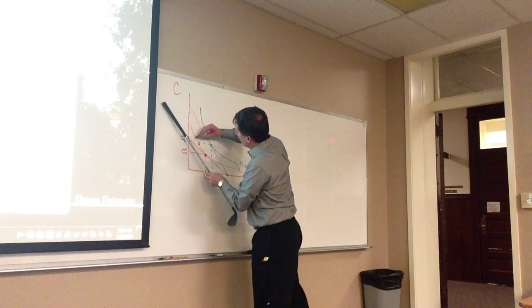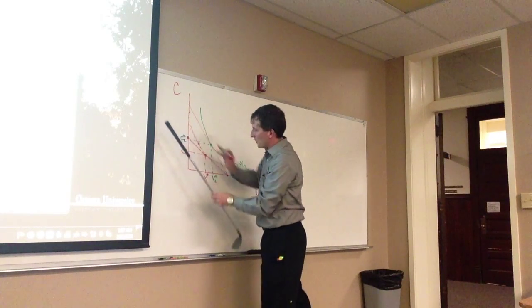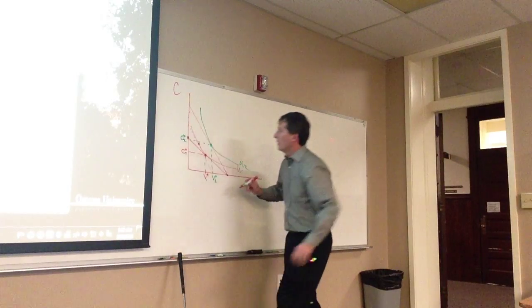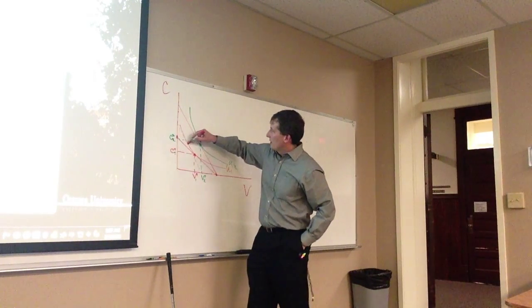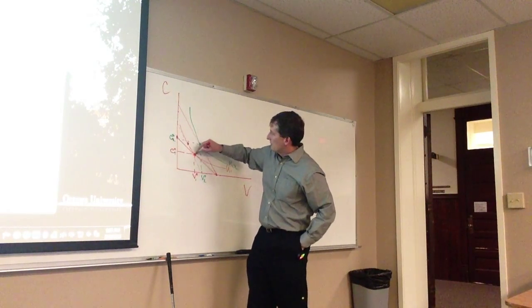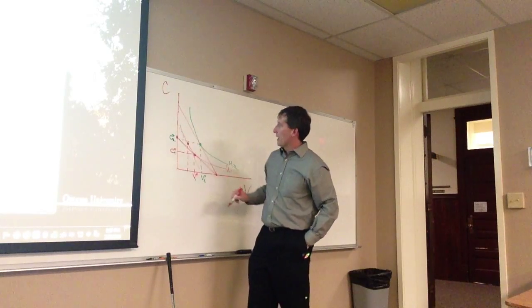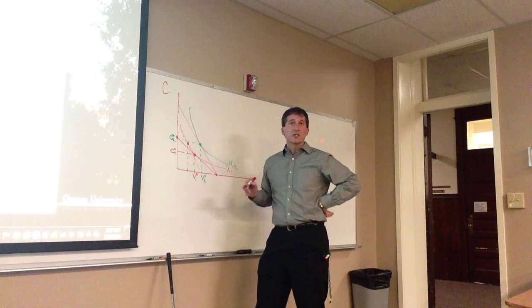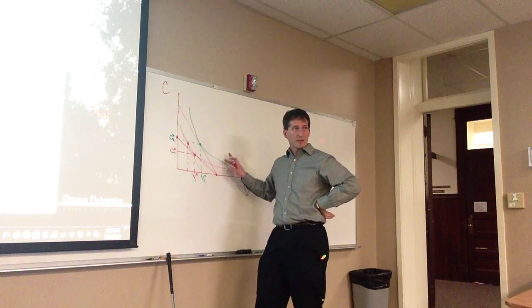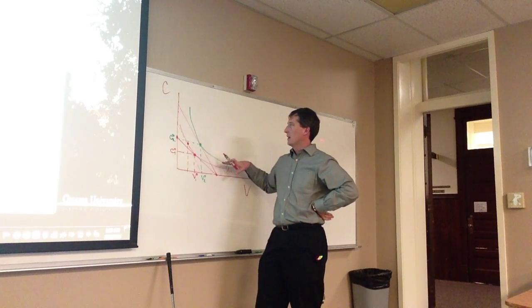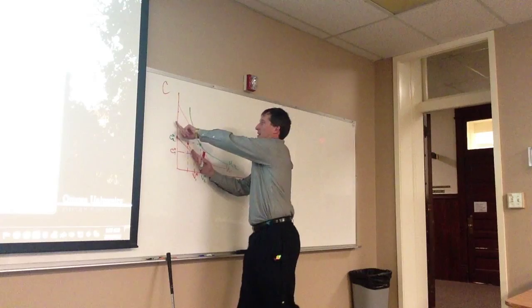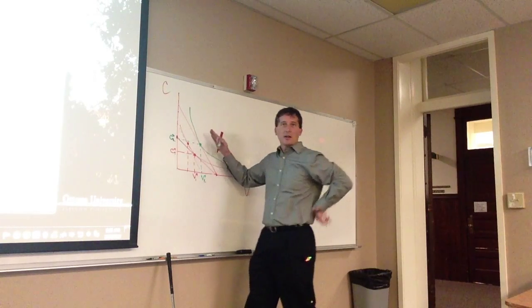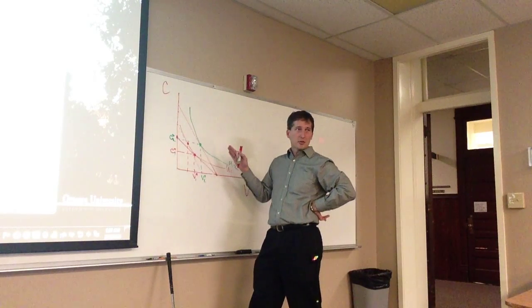So there's the new price ratio on the old indifference curve. And this tells you the amount you're willing to substitute holding utility constant. And then the income effect is how much income brings you out to the new place from that substitution effect.